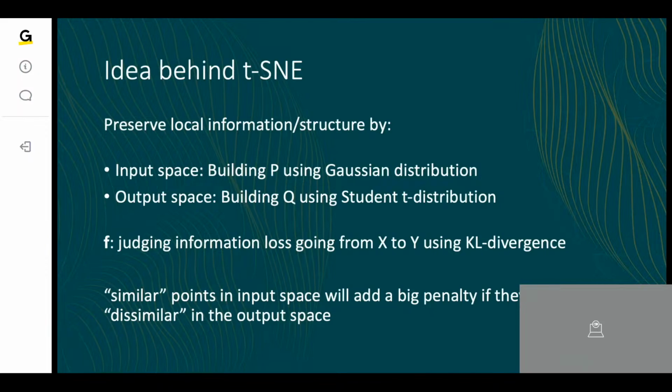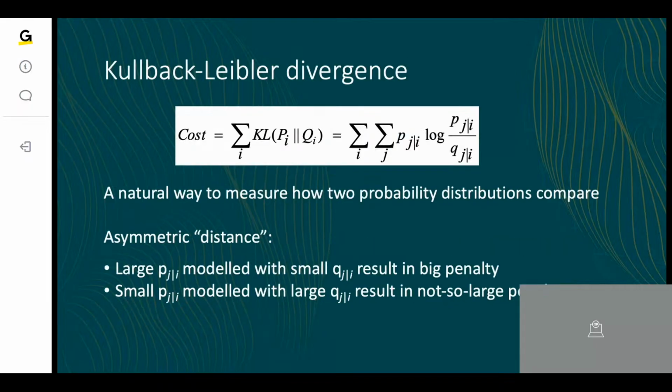For those of you who don't, let me explain a little bit more about what KL divergence, or Kullback-Leibler divergence, is about. KL divergence is a concept in information theory. Machine learning borrowed it from information theory, where given two distributions P and Q, you're trying to come up with a measure of how the two probability distributions compare.